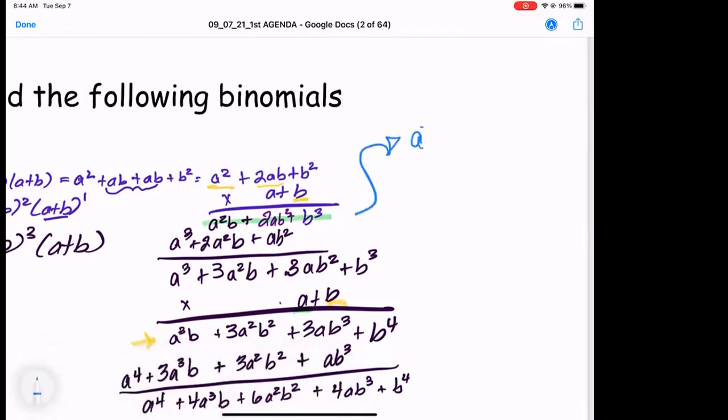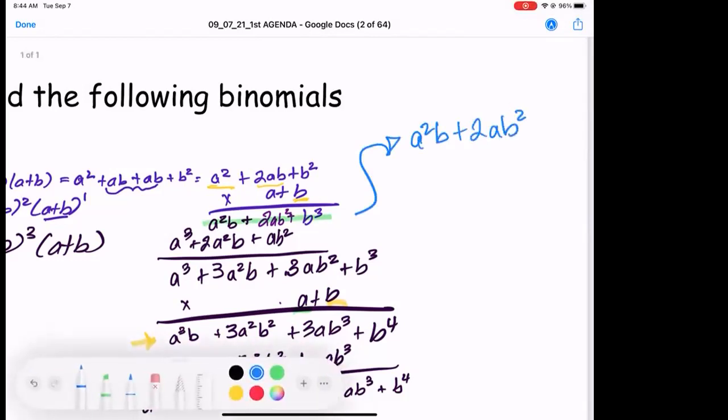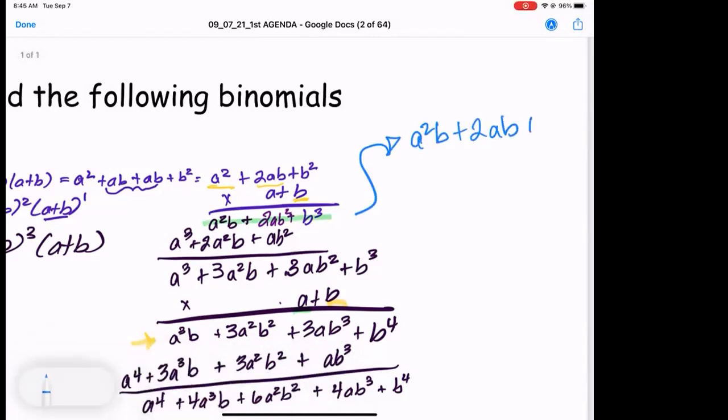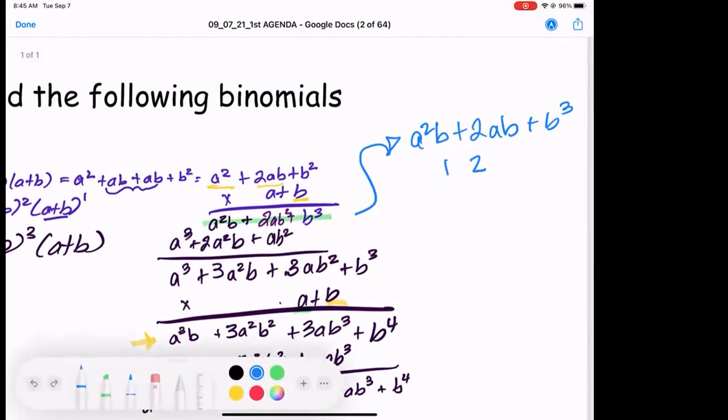So we have A squared, 1, 2, 1, plus 2AB, plus B squared. So that's 1, 2, 1. What row is that? That's row 2.